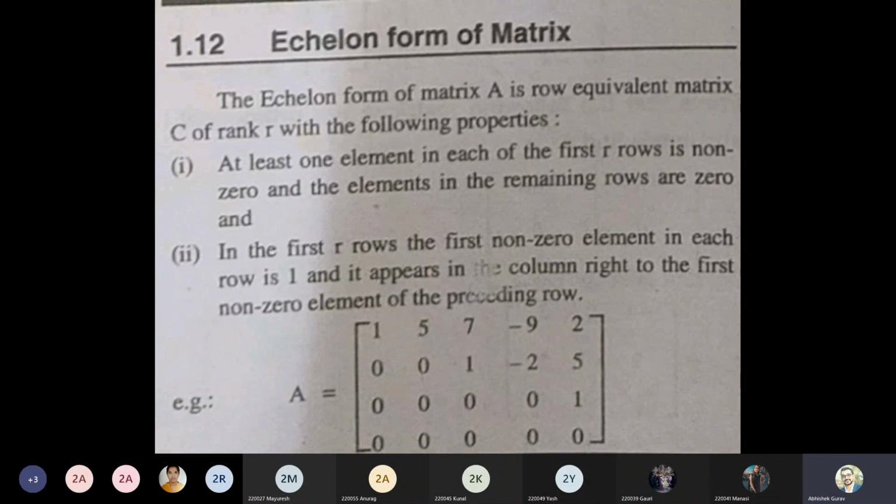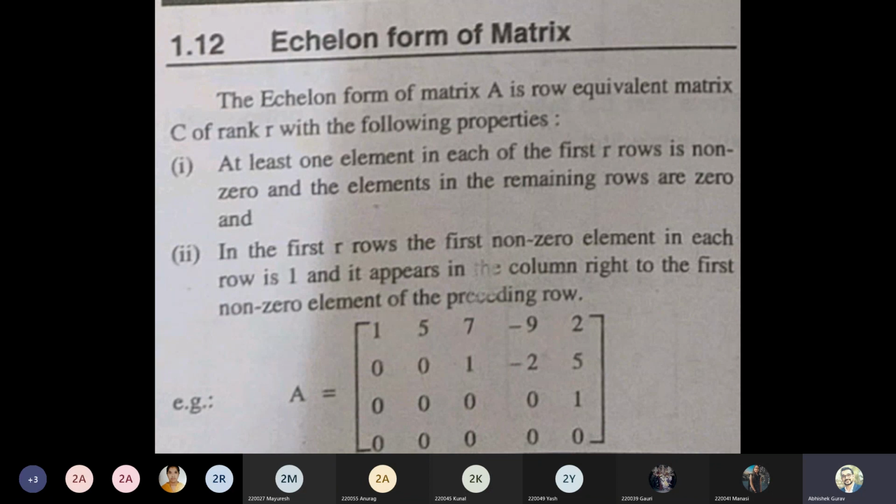In the first R rows, the first non-zero element in each row is 1 and it appears in a column to the right of the first non-zero element of the preceding row. Simple way, don't complicate it. How to find the rank? The matrix A is given.